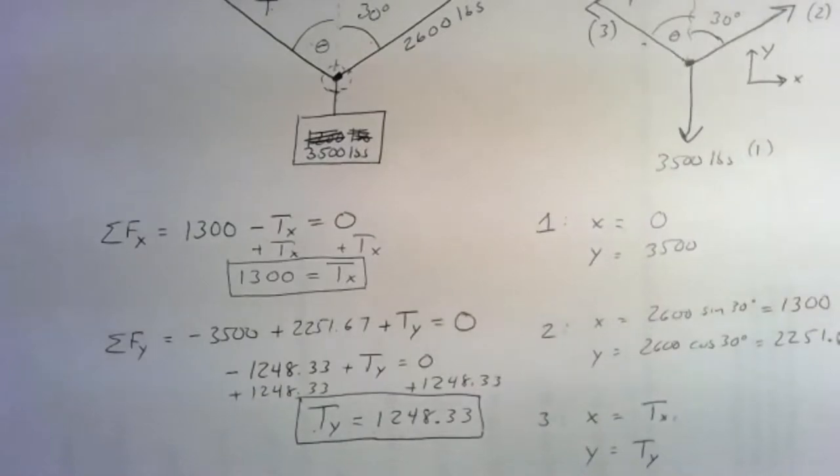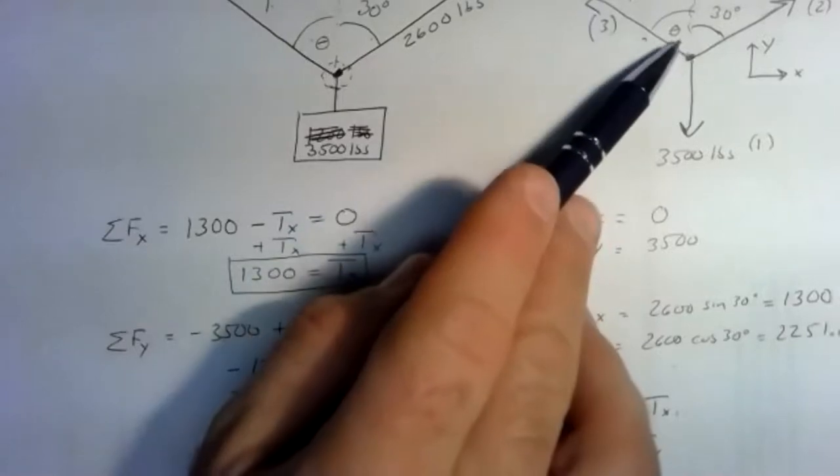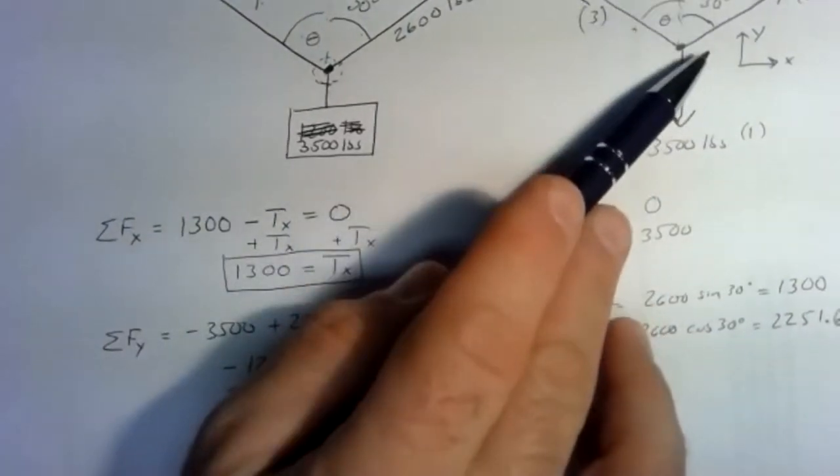And be careful here. You've got to meet the specifications. You've got to answer the question that's asked. In this case, they ask for the magnitude and they ask for the direction measured from vertical.